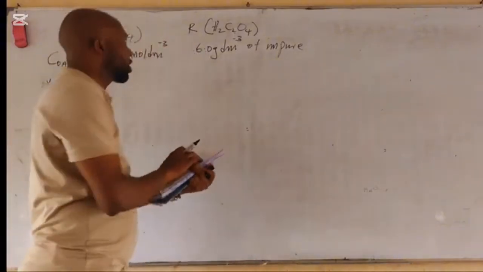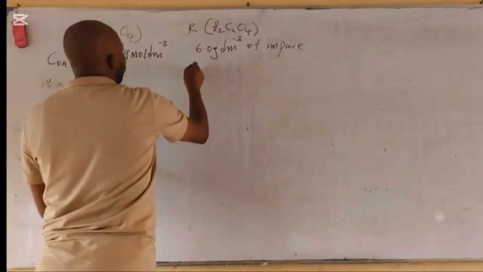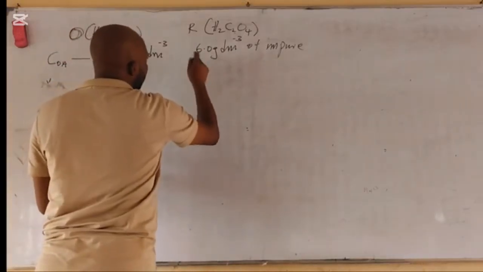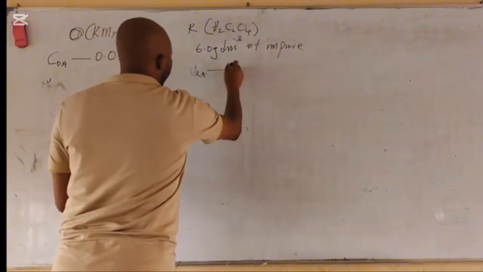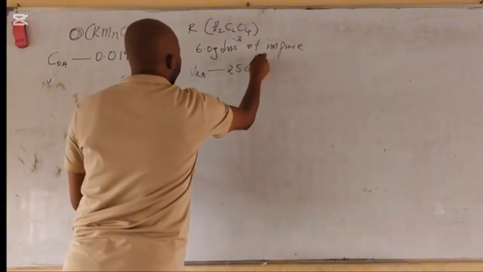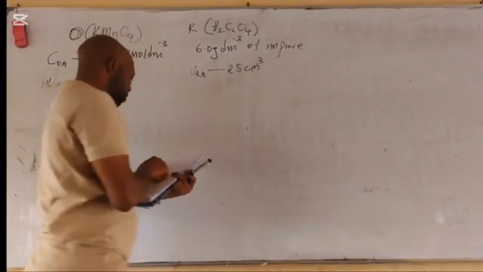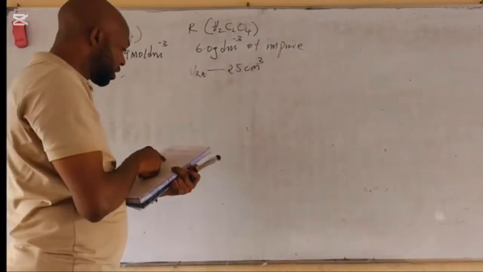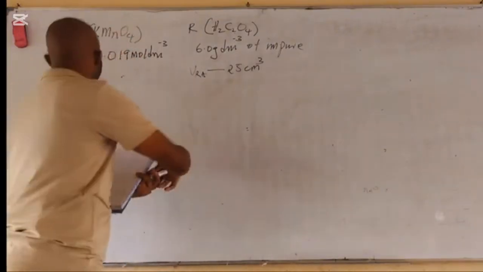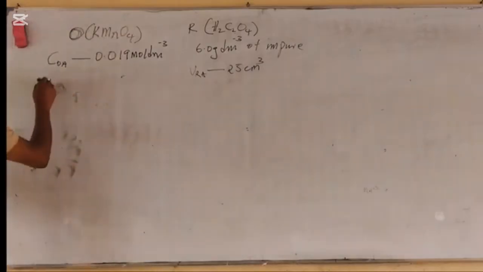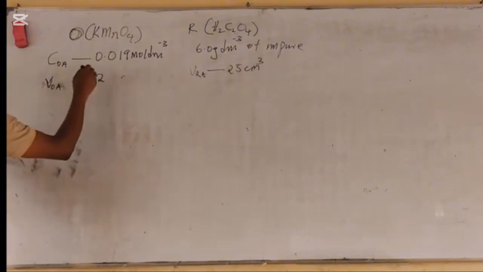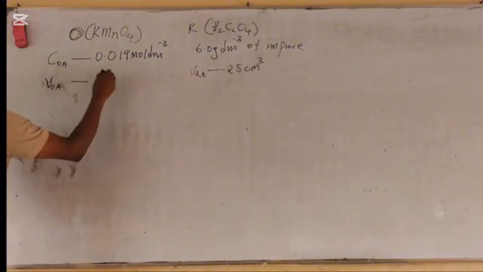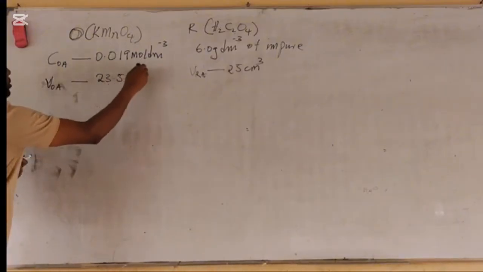25 of ethanedioic acid, which is the volume of the reducing agent, is 25 cm cube, reacts with 23.5 of KMnO4. The volume of oxidizing agent is 23.5 cm cube.